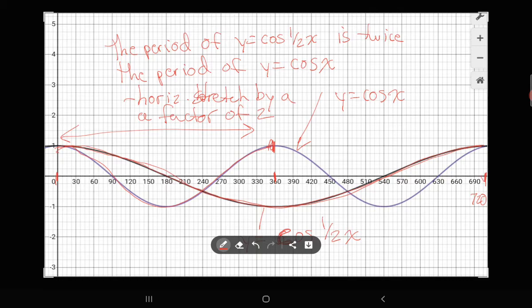You are multiplying the x values of your base function by your k value, and the effect that has on the graph is the opposite of what you think. If k is greater than 1, then you're getting a horizontal compression. If k is between 0 and 1, then you're getting a horizontal stretch.